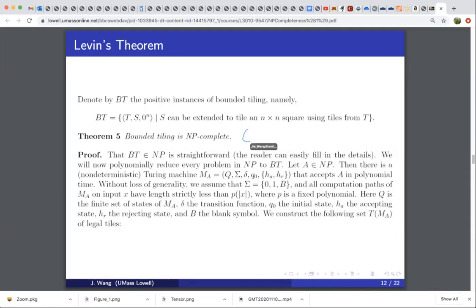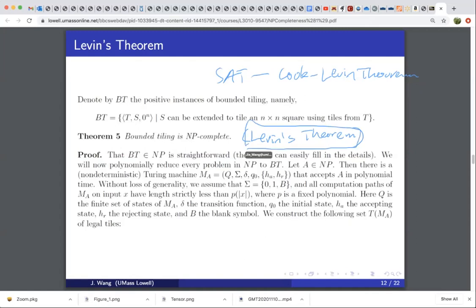So I should call it Levin's theorem. In your textbook, Michael Sipser calls SAT the Cook-Levin theorem. But to be precise, this bounded tiling should be called Levin's theorem, and SAT is Cook's theorem, because they prove different things.